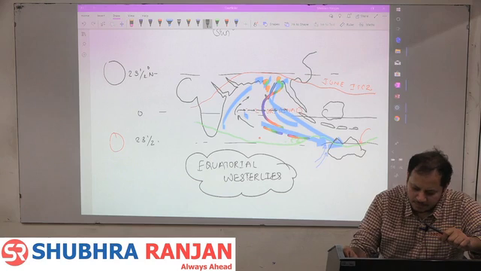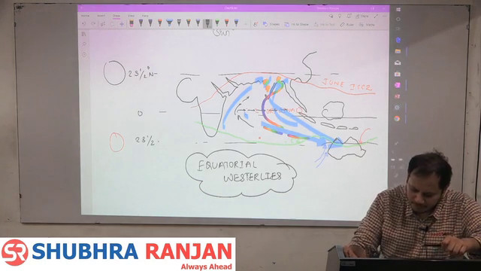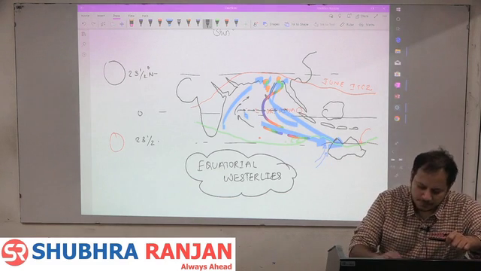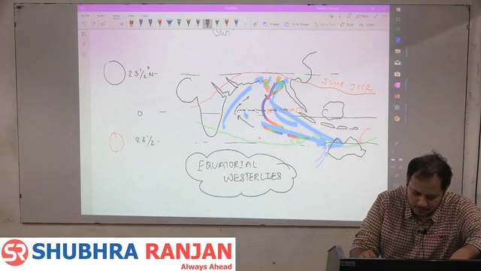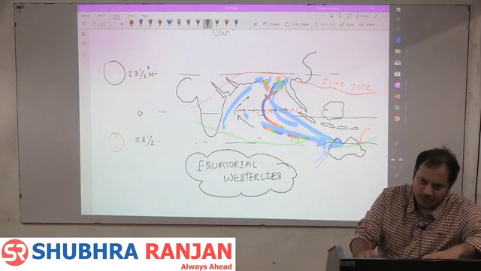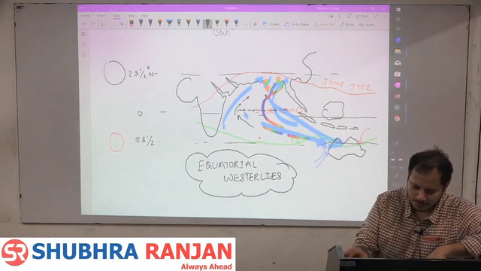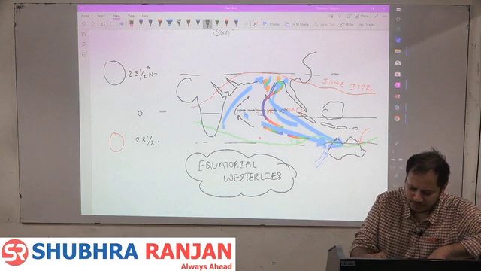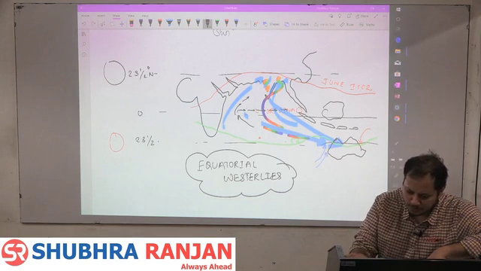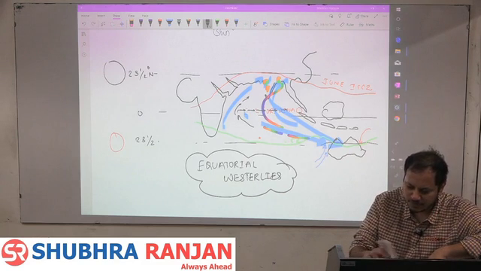This belt of doldrums is more pronounced in the Indian Ocean because of the dominance of warm waters in the North Indian Ocean.